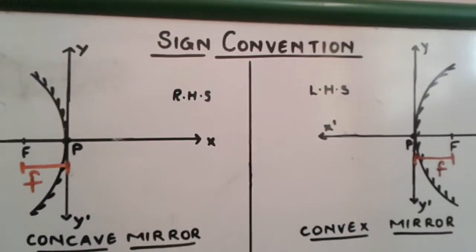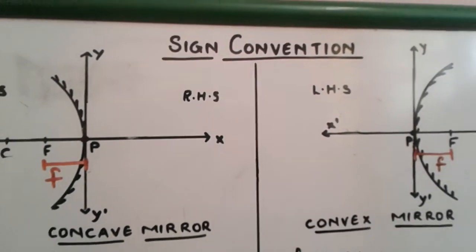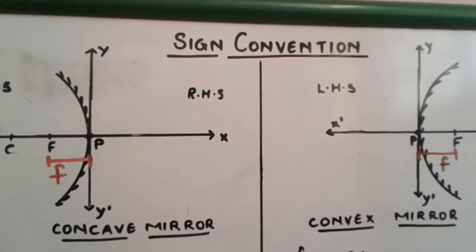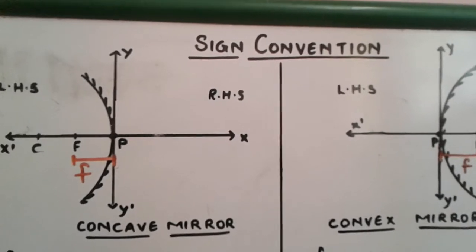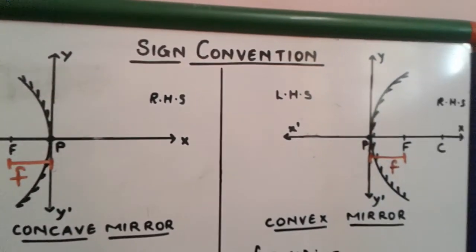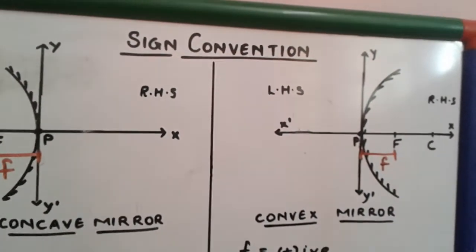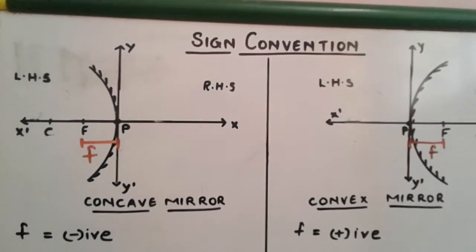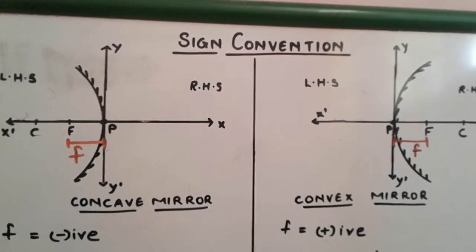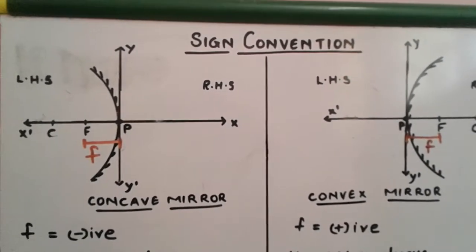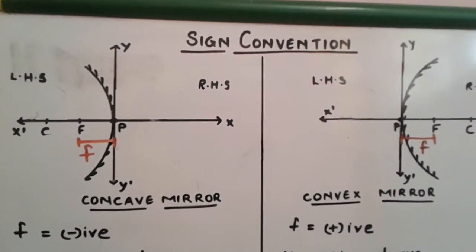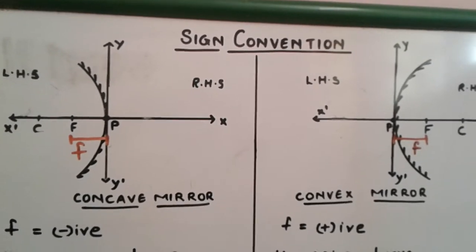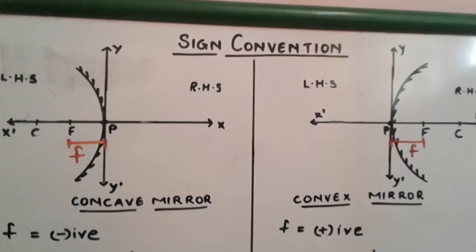Now you can see the difference between these two mirrors is that for the concave mirror, the focal length lies on the negative x-axis, and for the convex mirror it lies on the positive x-axis. Therefore the sign of f, not the numerical value, for the concave mirror will be negative, and for the convex mirror it will be positive.